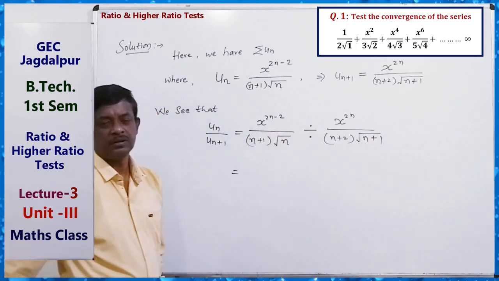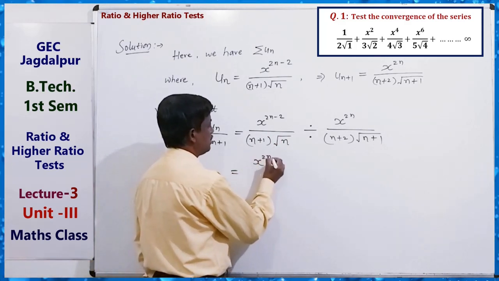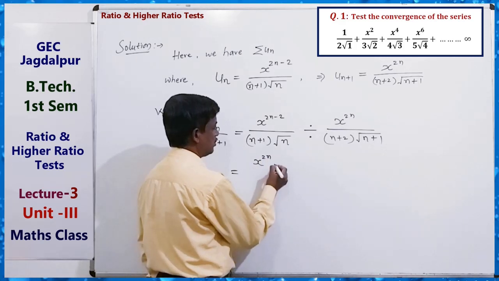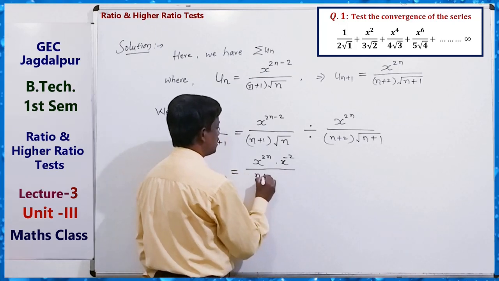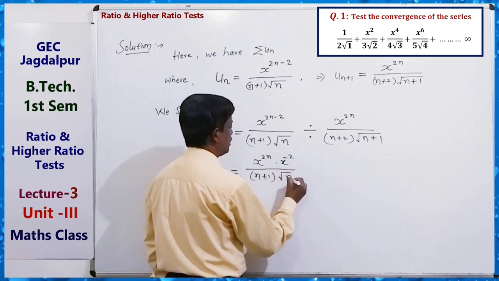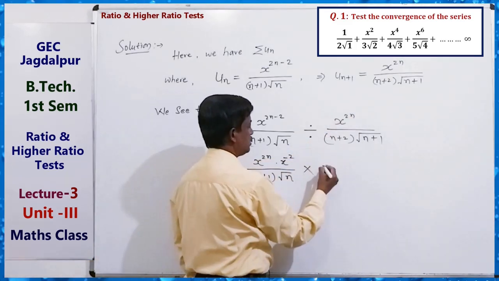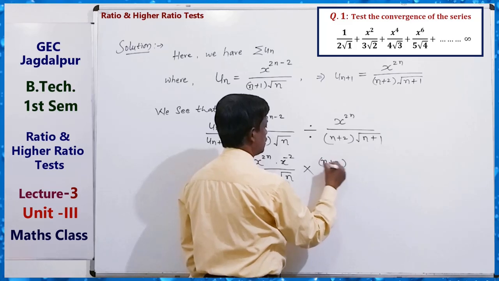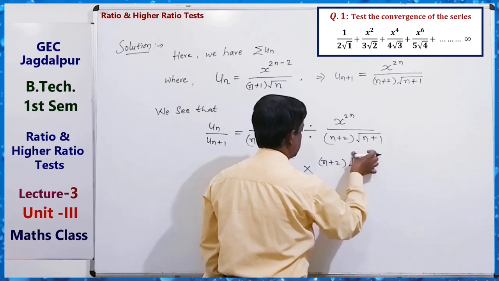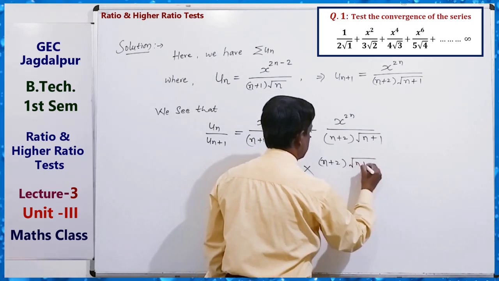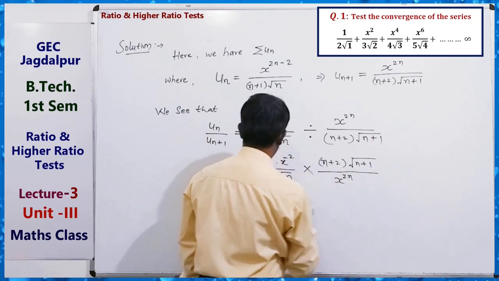Now you can simplify it: x to the power 2n minus 2 upon n plus 1 root over n, into, just inverting it, n plus 2 root over n plus 1 upon x to the power 2n.